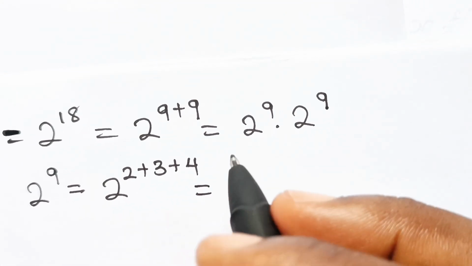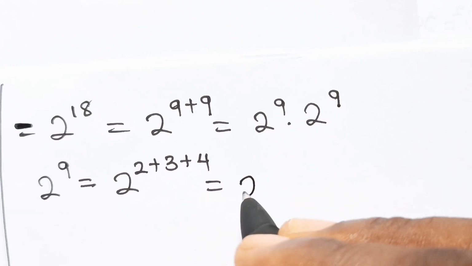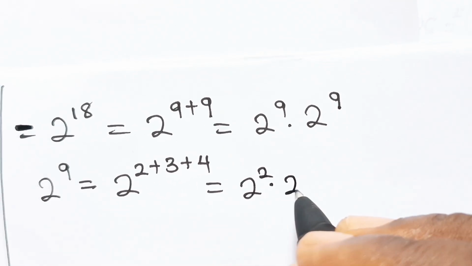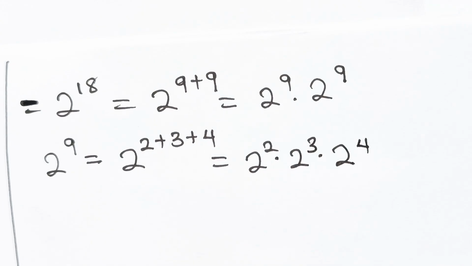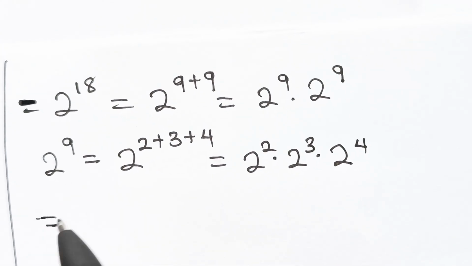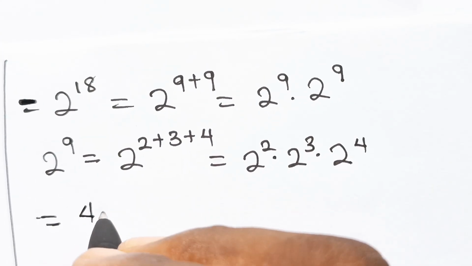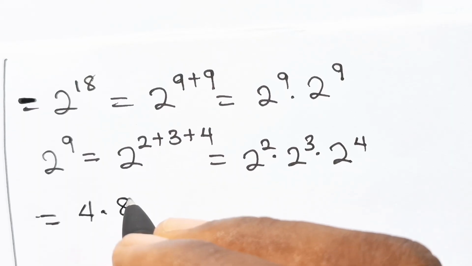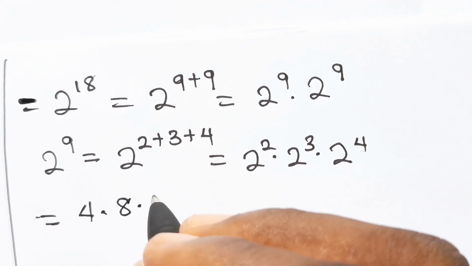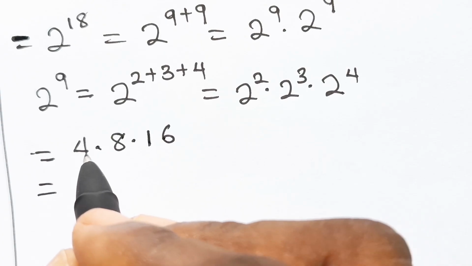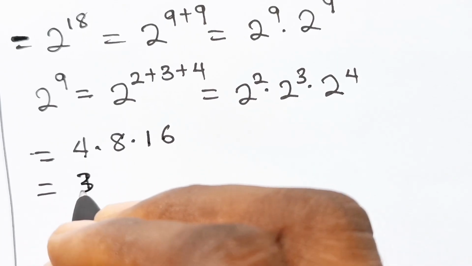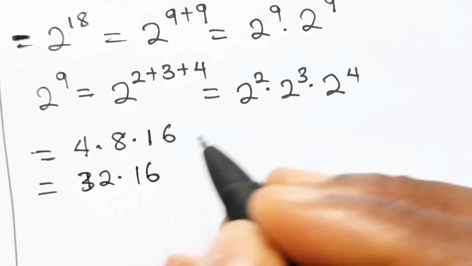That means this is equal to 2 to the power of 2 multiplied by 2 to the power of 3 multiplied by 2 to the power of 4. So this is equal to 2 to the power of 2 is 4, 2 to the power of 3 is 8, 2 to the power of 4 is 16. So this is equal to 4 times 8 is 32 multiplied by 16.